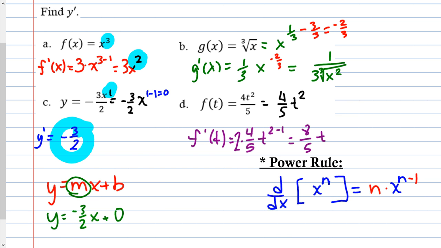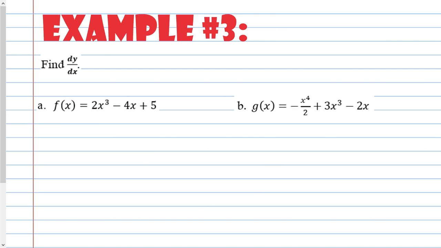For d, the exponent was 2, and for my derivative, it's that non-existent 1 that we don't have to write, but we know is secretly there. Okay, so again, whenever you derive, the derivative is going to be a degree lower than the original function, and that's how it works.